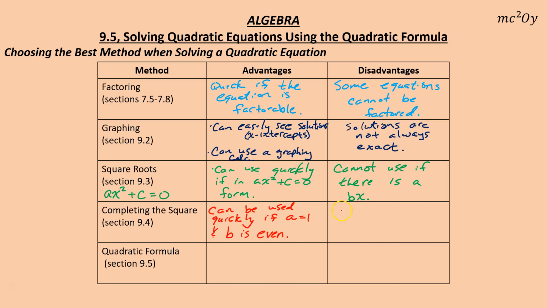It can be difficult. It's not impossible, but the process is difficult if a is not 1 or if b is odd. Remember, that's the process where you had to take half of b, right?